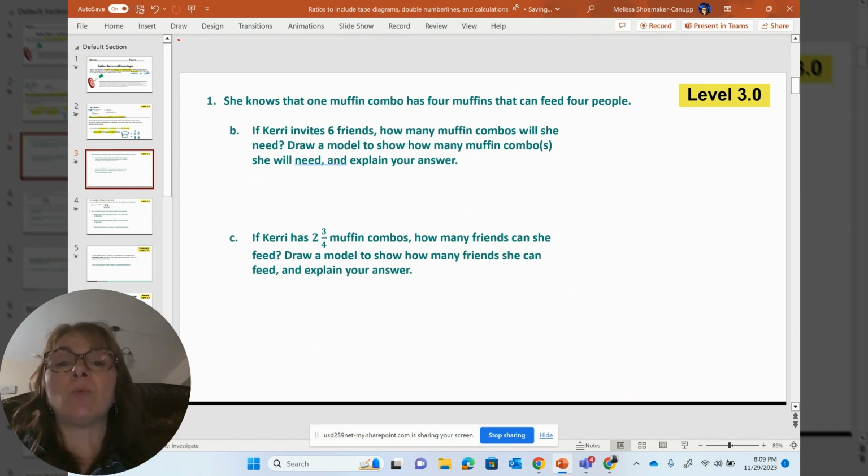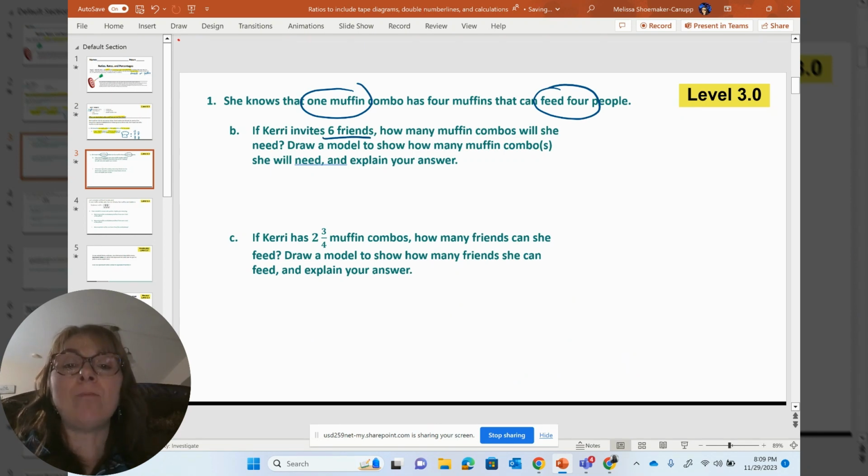We have the one muffin combo that feeds 4 people. Carrie invites 6 friends. How many muffin combos will she need? We're going to draw a model. So we have our one muffin combo, right? It feeds 4 friends. Is that enough to feed the 6 friends?